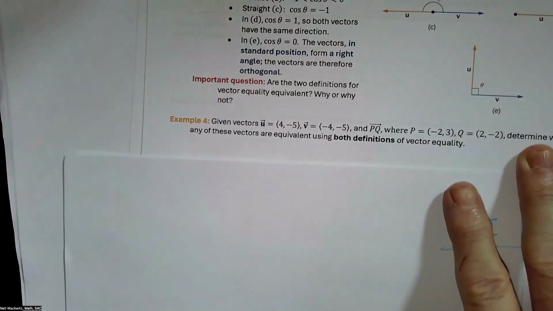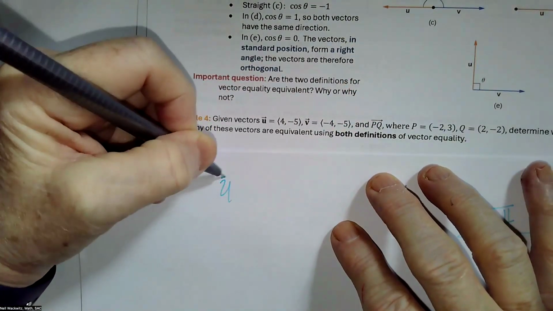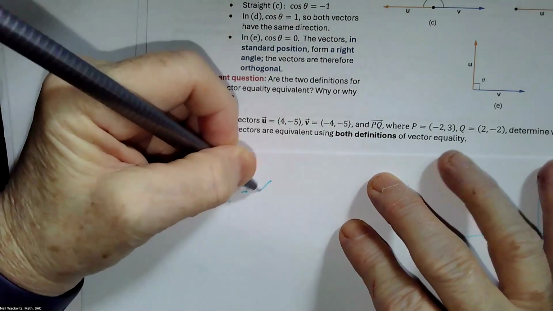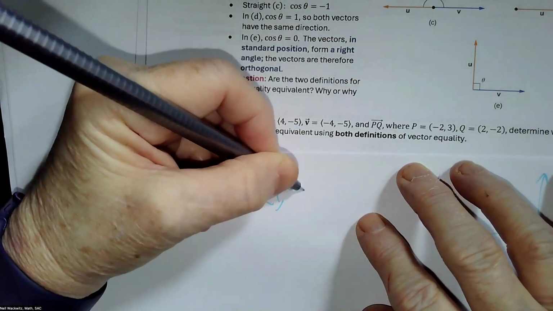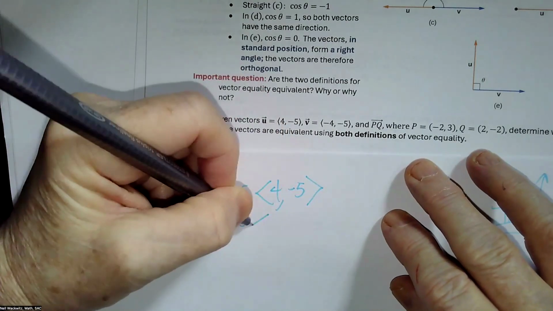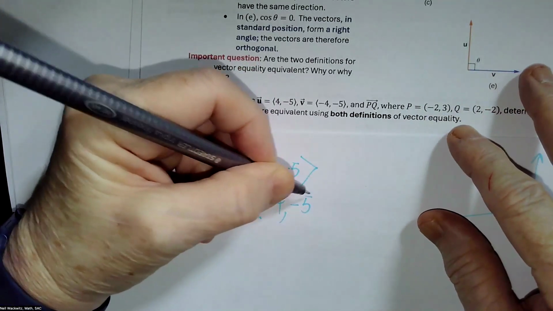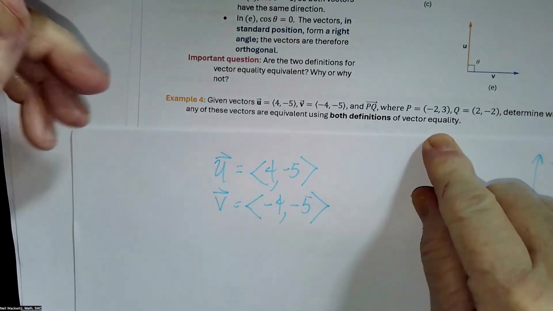So let's see. We've got u is 4, -5. V is -4, -5.